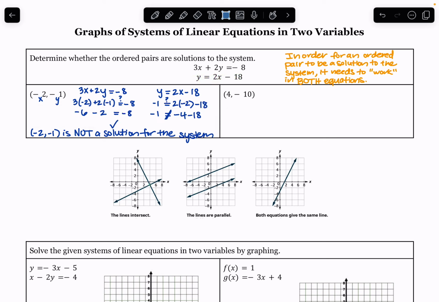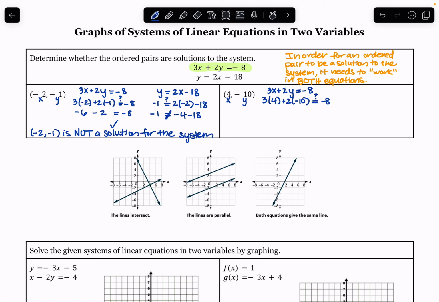All right, we're going to do the same thing for 4, negative 10. So x is 4, y is negative 10. We're going to check it in this top one first. So that is 3x plus 2y is equal to negative 8. When I plug in x and y, I'm going to have 3 times 4 plus 2 times negative 10 is equal to, with the question mark because we don't know, negative 8.